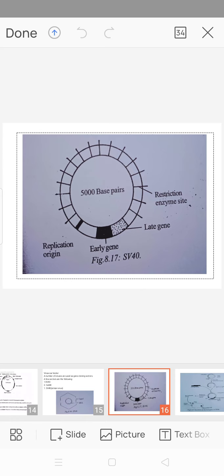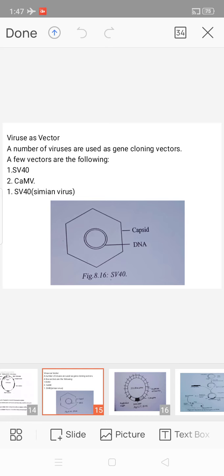The virus consists of an outer capsid and inner DNA. It contains a double-stranded circular DNA which is formed of 5000 base pairs. The DNA contains a large number of restriction enzyme sites.